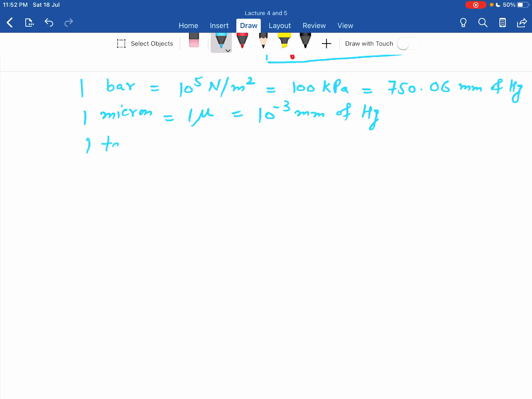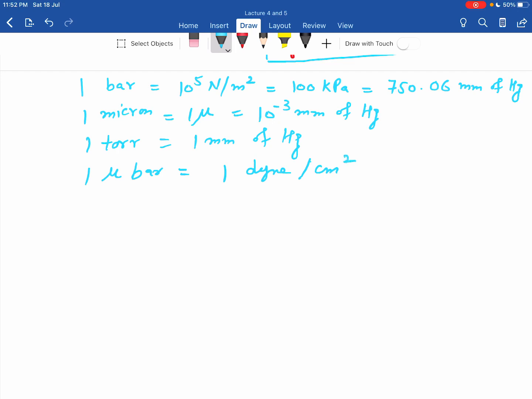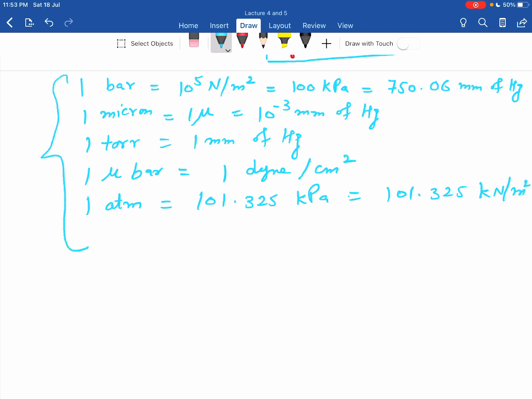Another unit is 1 torr, which is equal to 1 mm of Hg. Another unit is 1 microbar, which is equal to 1 dyne per centimeter square. Another unit is 1 atmosphere, which is equal to 101.325 kilopascal, or 101.325 kilonewton per meter square. So these are a few units for pressure. Okay.